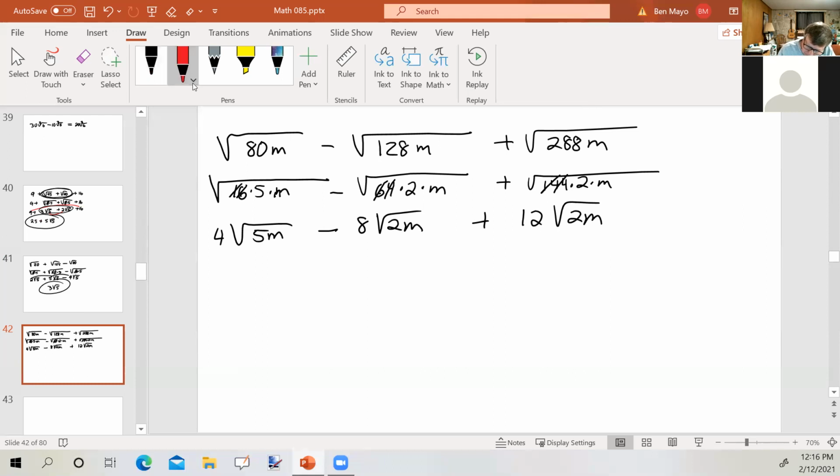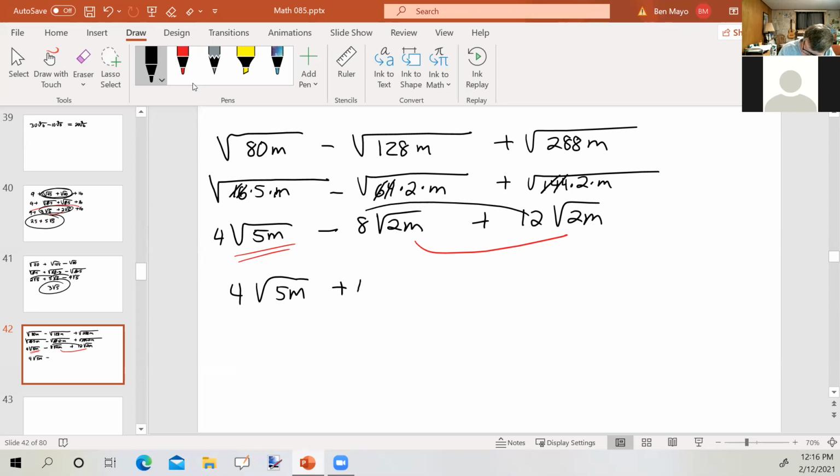These two are alike, but this one isn't. So I've got 4 square roots of 5m, and then minus 8 plus 12 would be plus 4 square roots of 2m. You can't add them together because they're not like radicals. There you go.